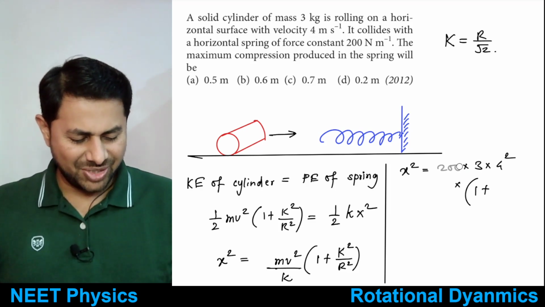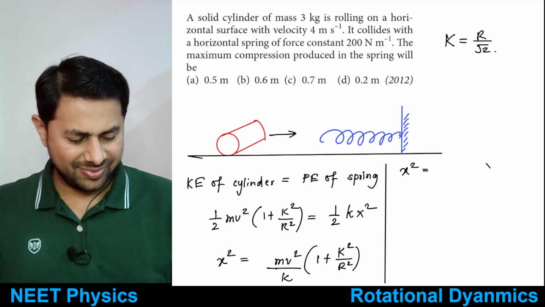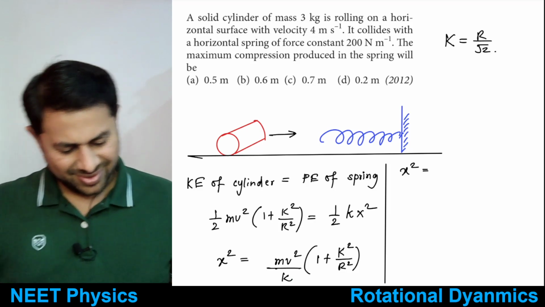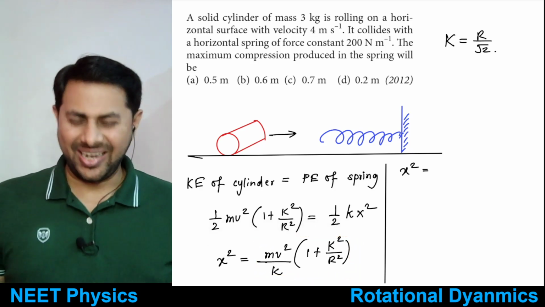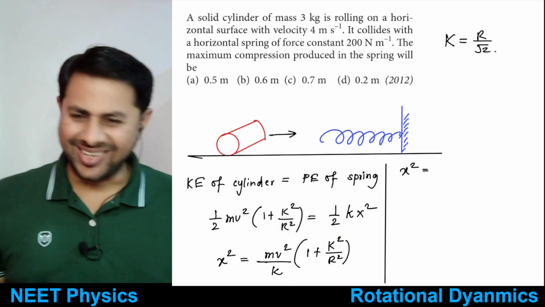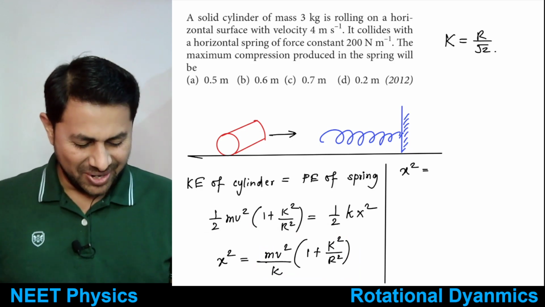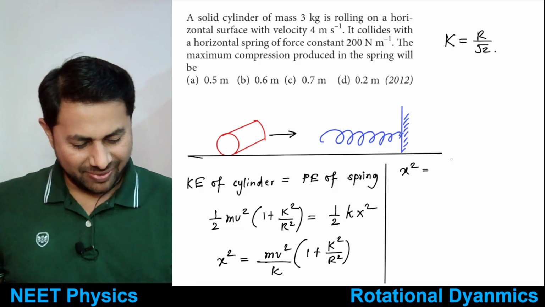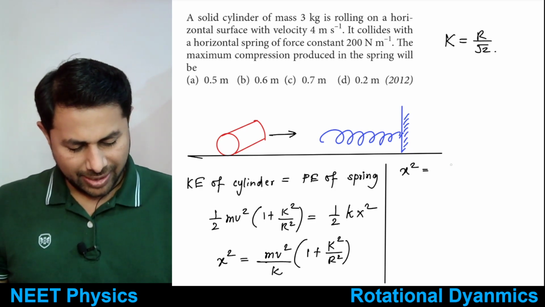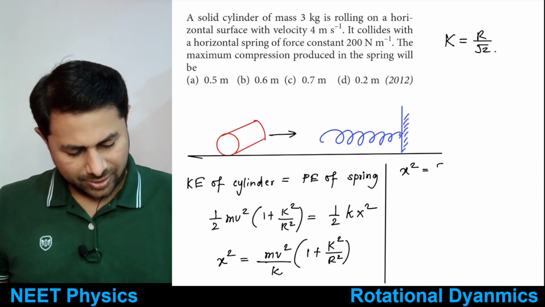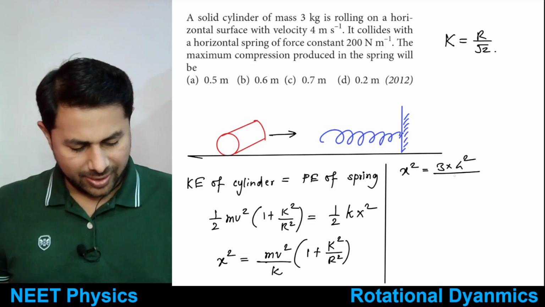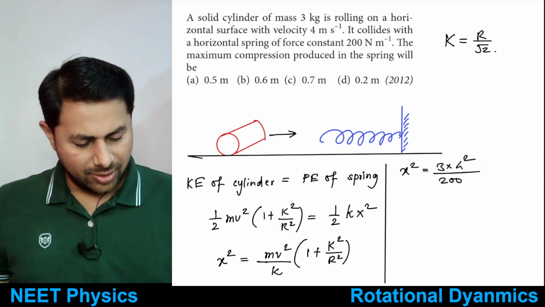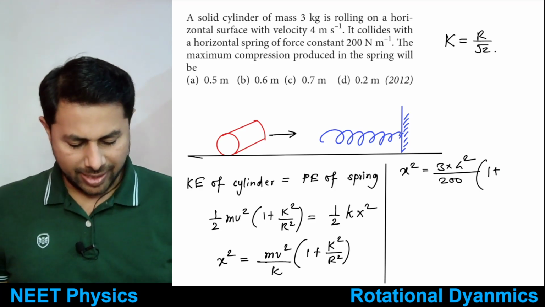If I appear for NEET, I will make lots of mistakes. Okay, so mv square divided by k. So m is equal to 3 kg, and then you have v square is 4 square divided by spring constant 200, multiplied by 1 plus k square by r square.